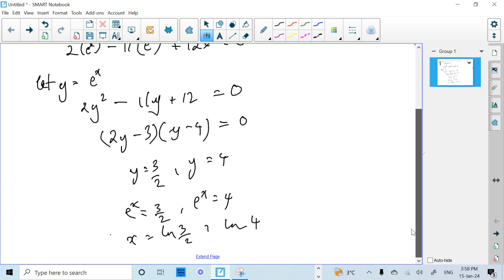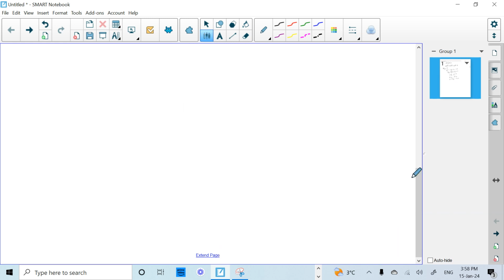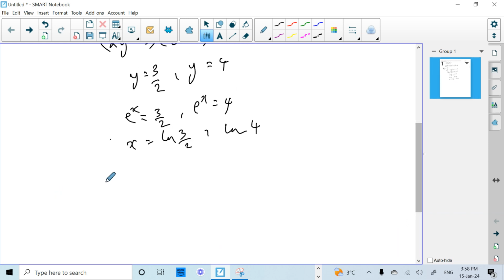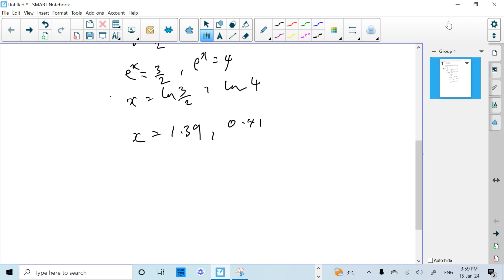Of course, you go to your calculator and type that in, and you should end up with x is equal to 0.405, so 0.41 to three significant figures, and 1.39. Okay, and that's it for 5 marks.